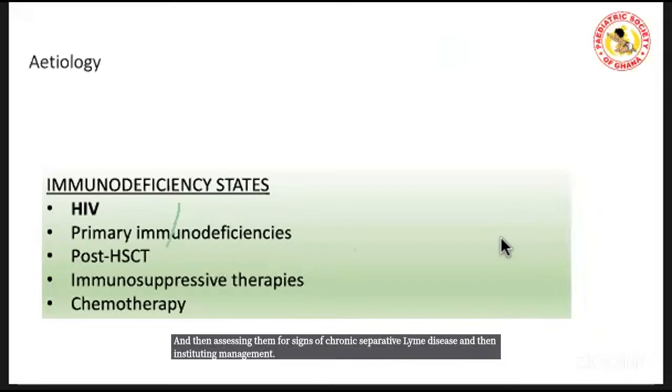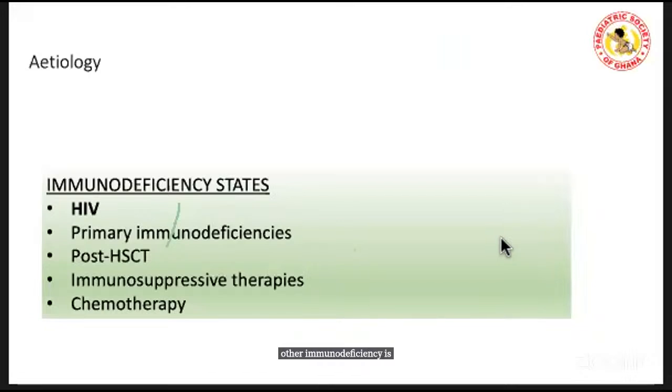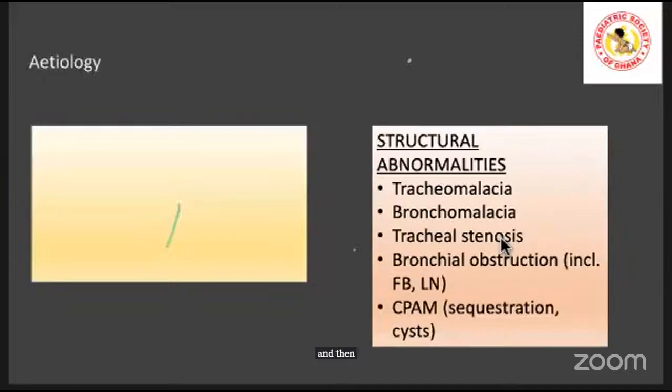Other immunodeficiency states, the primary immunodeficiencies, immunoglobulin deficiencies, and neutrophil abnormalities, are also at risk of bronchiectasis and chronic obstructive lung disease. Children post-chemotherapy or on immunosuppressive therapy are immune suppressed and prone to infections, and the infections will lead to damage to the airways and put them at risk.